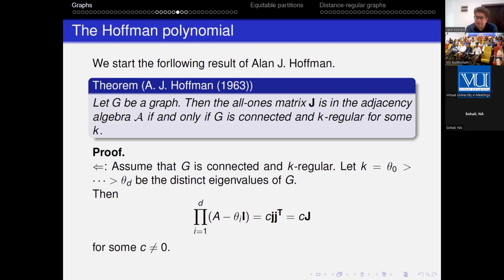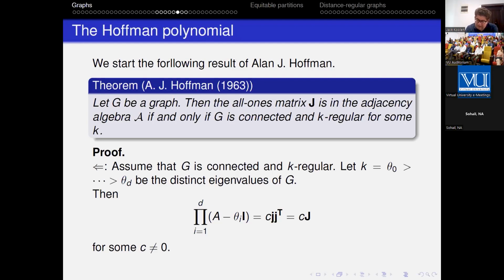Because the O1 factor, if I multiply the O1 factor with this matrix, I get a constant times the O1 vector. Yes. So the other eigenvectors disappear. So it must be a constant times the O1 matrix.